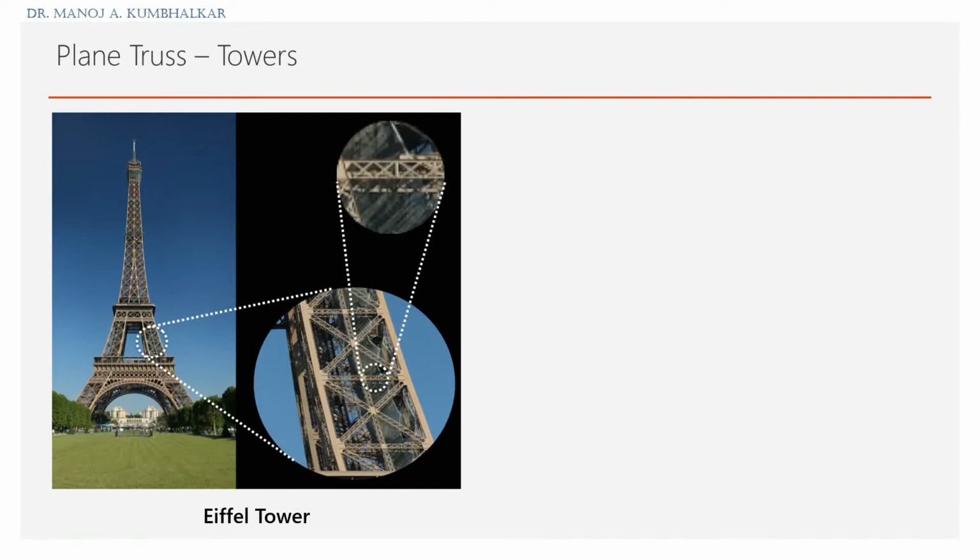If you zoom into that portion, you can see that the Eiffel Tower is made of steel straight members, and if you zoom in again, you can see this is the truss member, made of straight members joined at some points, and the complete joints make the complete Eiffel Tower.